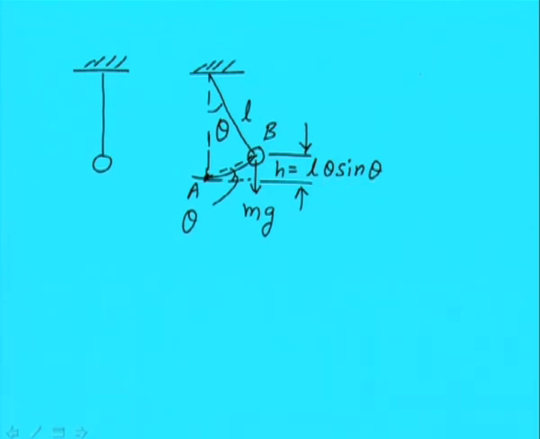Now we are giving a virtual displacement to this particular pendulum, and I am drawing that diagram here. This is the theta angle, and further we are giving a virtual displacement of delta theta.